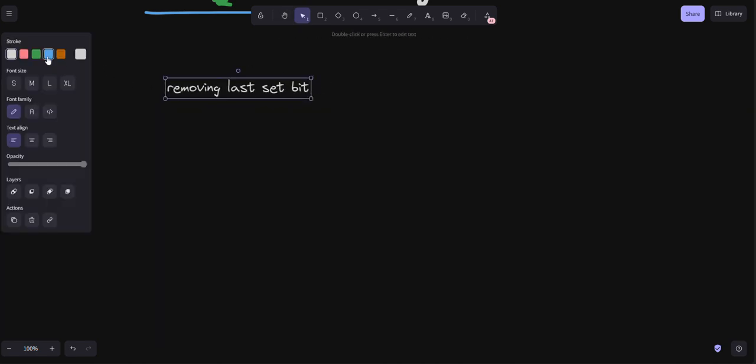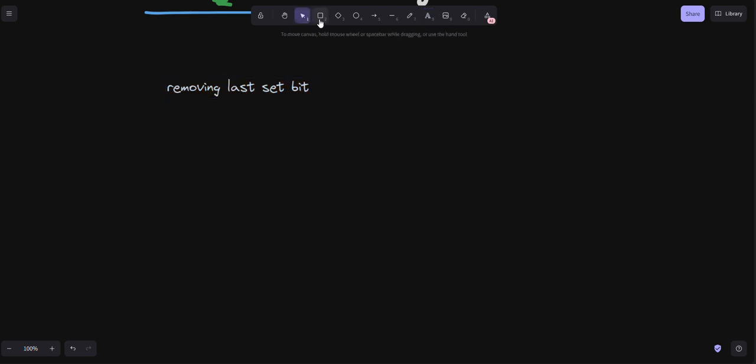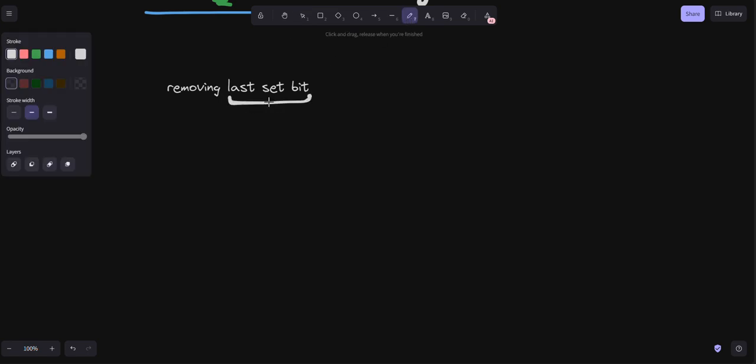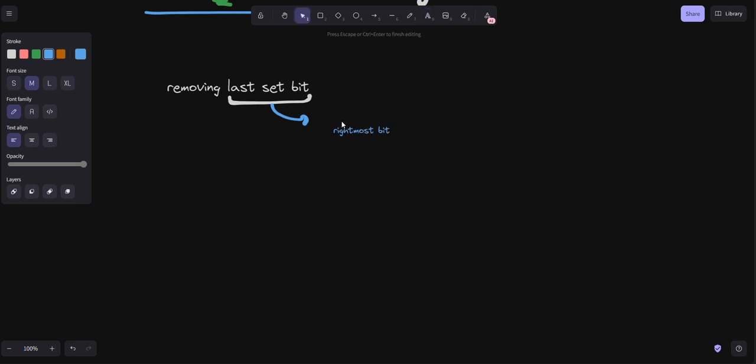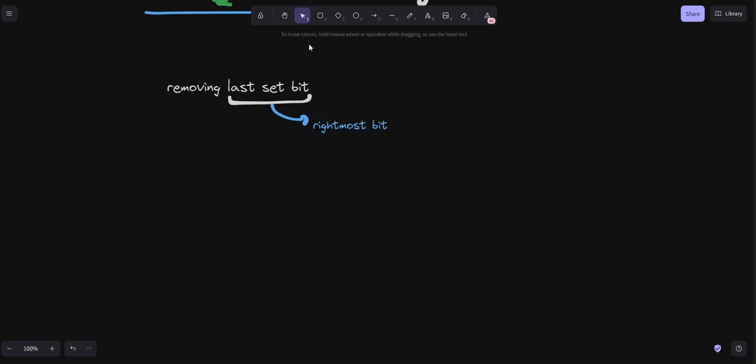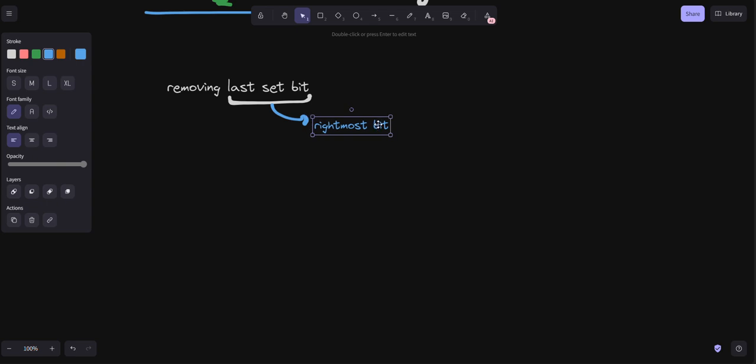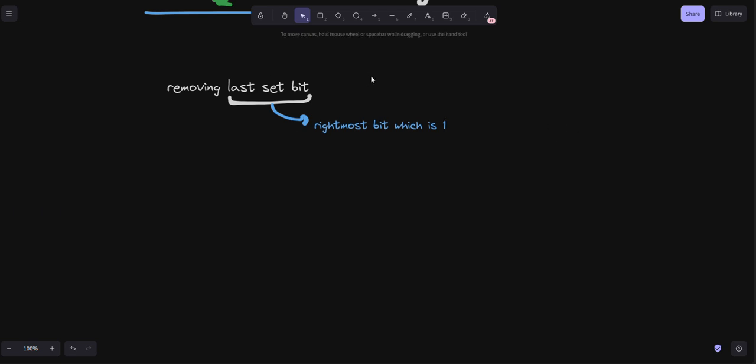The last set bit basically means the rightmost bit which is 1, because we are asked for a set bit, which means 1.